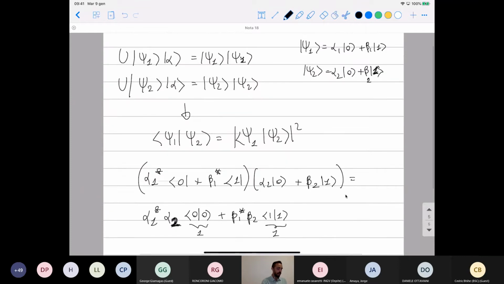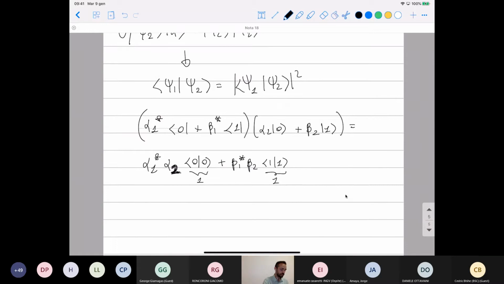If you do this squared, this is equal to the modulus square. So it's basically modulus square of this alpha 1, alpha 2 plus beta 1, beta 2 squared.